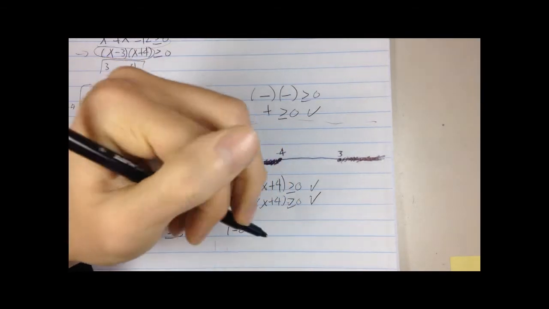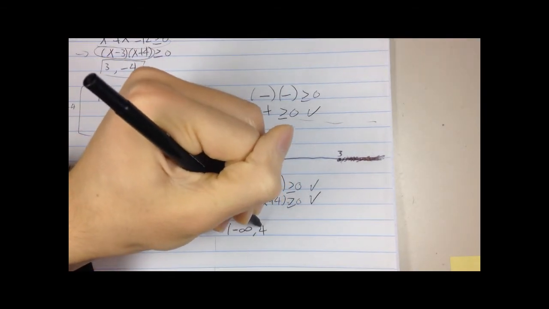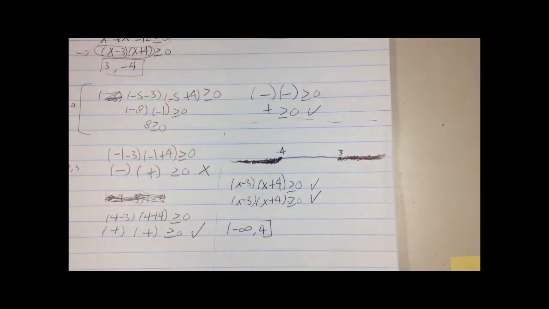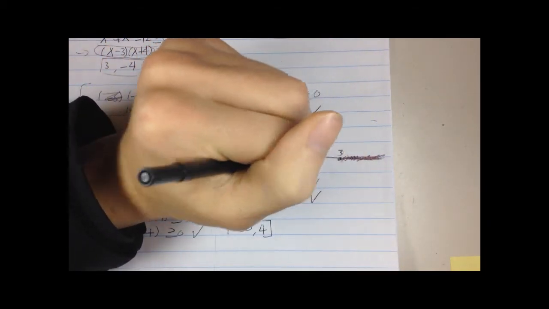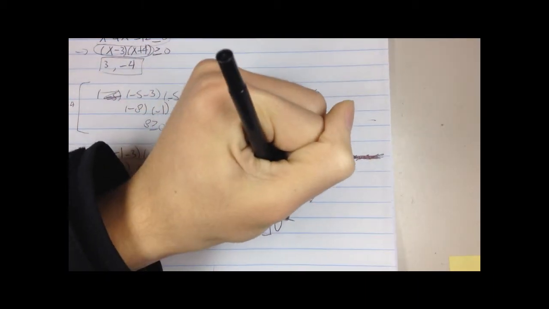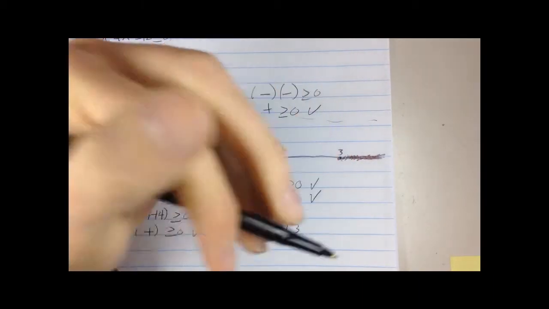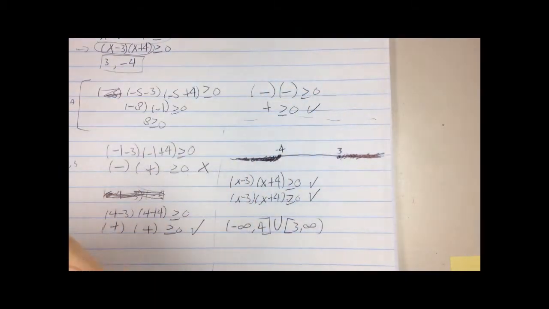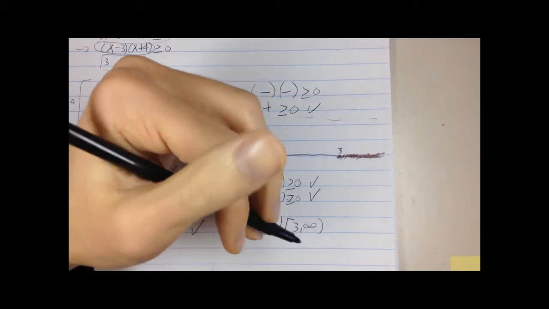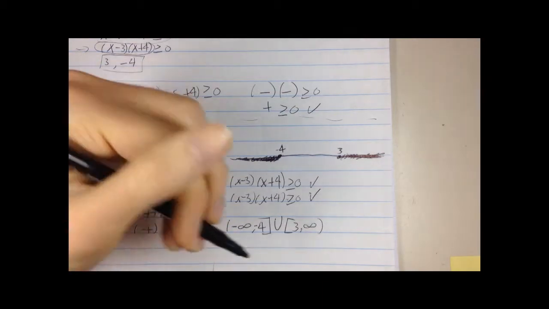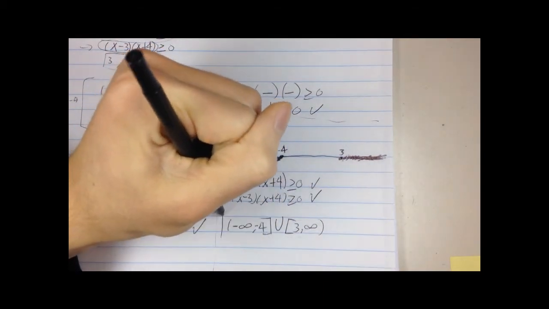So it's going to be -infinity to -4 inclusive, so we want a square bracket, because remember this point worked. And then this range was not part of it, so we're going to have a union, and then it's going to go all the way to 3, which is also part of our solution, and that goes all the way to infinity. And so this is going to be our solution.